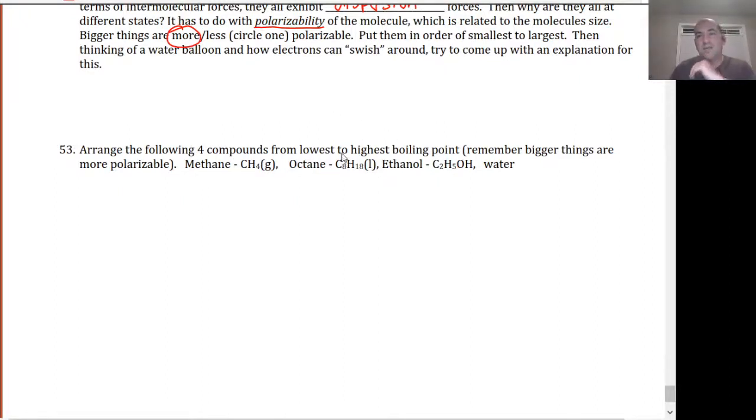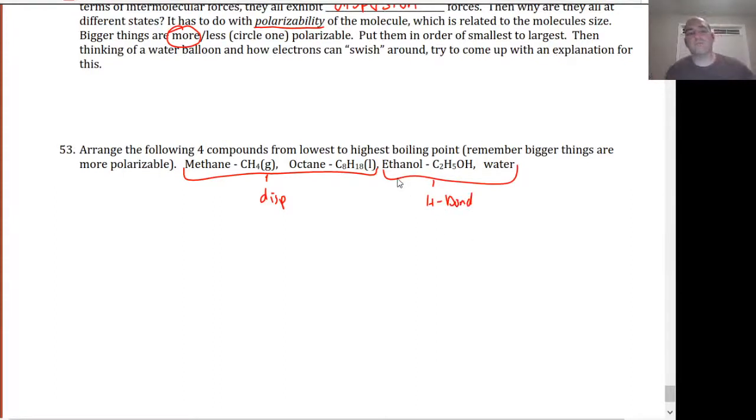I would be surprised if anybody could do this. And so it's almost not really a fair question because, yes, bigger things are more polarizable, but also it really depends on the types of forces. So you would think here, okay, methane and octane have those weaker dispersion forces, and ethanol and water have hydrogen bonding.